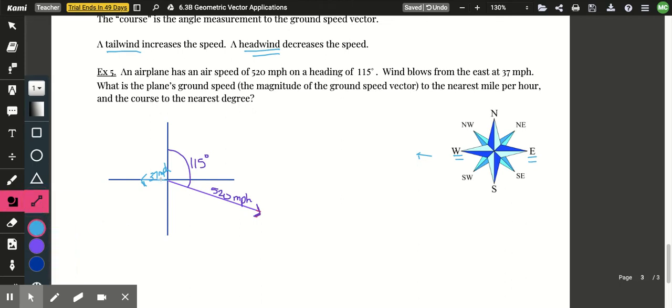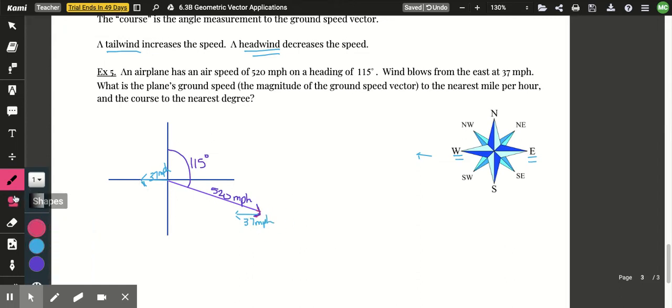So I'm going to add that by adding this little wind speed vector onto the end of my airspeed vector. So I'm reproducing that one. I'm trying to make it look like it's about the same length. I'm going to label it with 37 because it has the same magnitude as it did when I drew it up there.